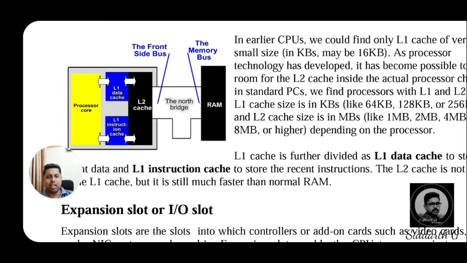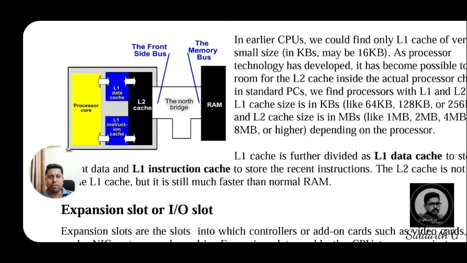Usually the L1 type of cache will store a minimum of 256 kilobytes of data. It may support 64, 128 or 256 kilobytes. Coming to L2, it will support around 6 to 8 MB, 6 MB usually.